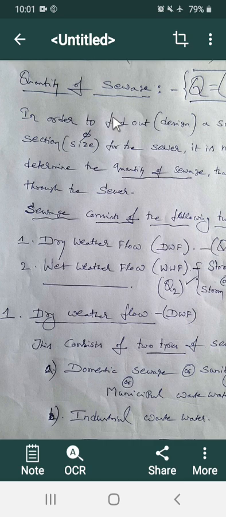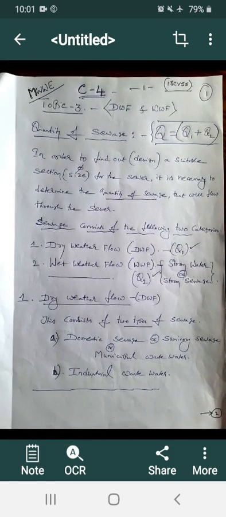Now we have studied already the sewage can be determined by finding out, number one, dry weather flow. By knowing a dry weather flow, this is considered as Q1. Then wet weather flow is Q2. Okay, dry weather flow and wet weather flow, if you add these two, then you will get the total Q, which is entering into the sewer line.